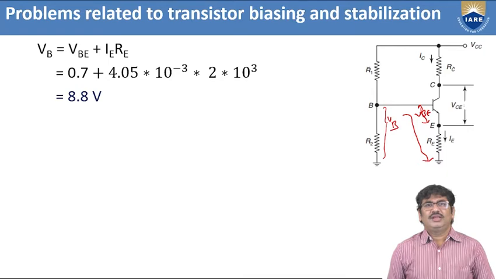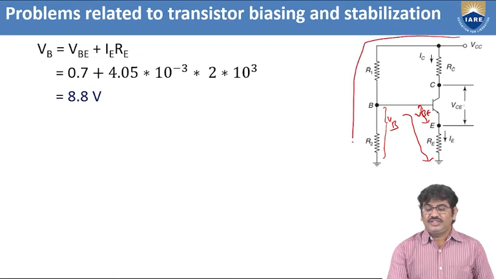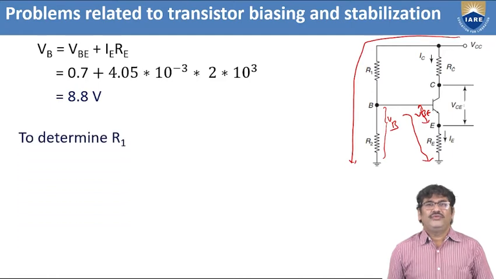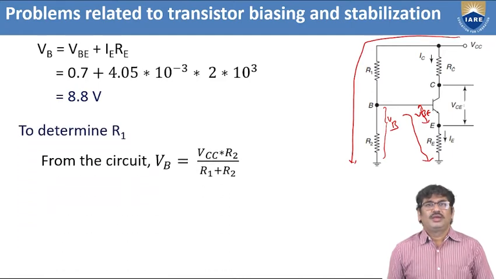Here, VB is nothing but the voltage drop across R2 resistance. Now, from the input circuit, that is from VCC, R1 and R2 will act as voltage divider network. So, from that we can write VB is equivalent to VCC divided by R1 plus R2 into R2. VB estimated, VCC given in the problem, R2 estimated.